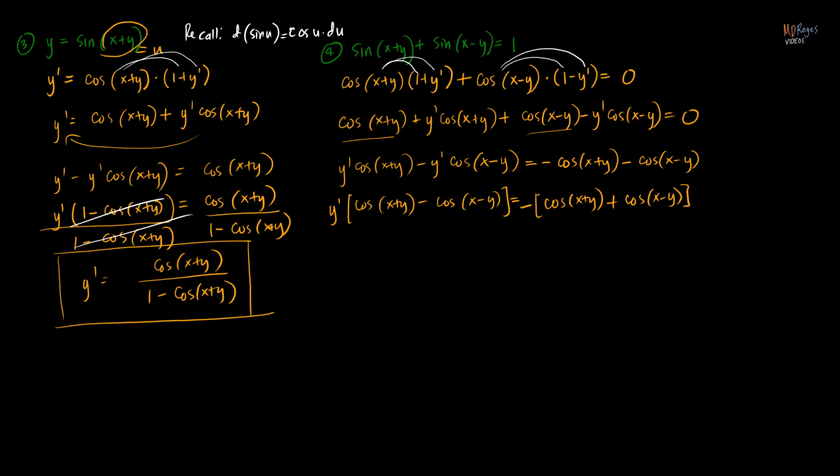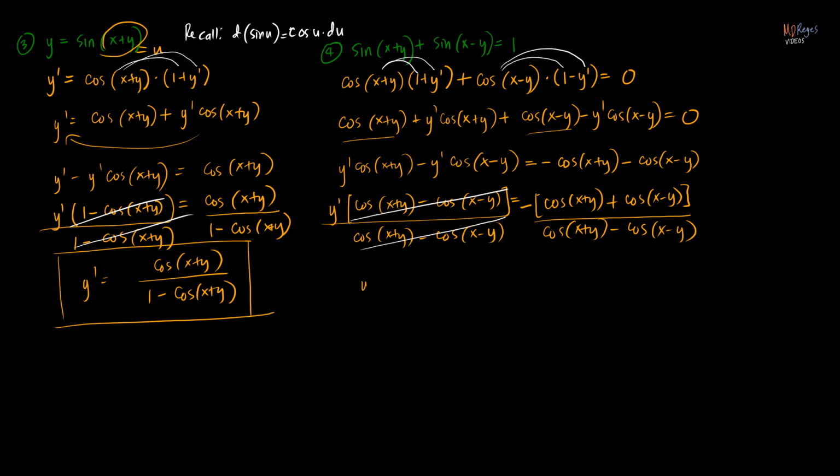To solve for y prime, we divide both sides of the equation by cosine of x plus y minus cosine of x minus y. Do the same thing on the right side. Divide by cosine of x plus y minus cosine of x minus y. So this is equal to 1.